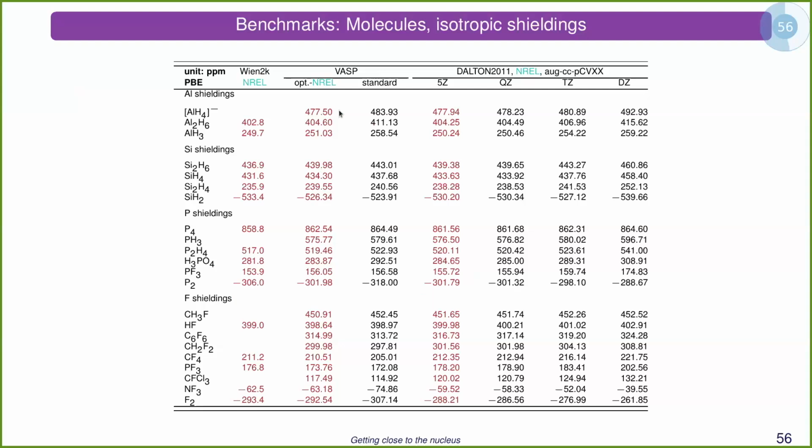Okay, and here you see for molecules an old list of calculations. The units are in ppm. It's VASP, it's quantum chemical, it's Wien2k, and it's all non-relativistic. And in quantum chemical calculations, you can very systematically improve the basis set, going from double zeta to triple zeta to quadruple zeta to quintuple zeta.